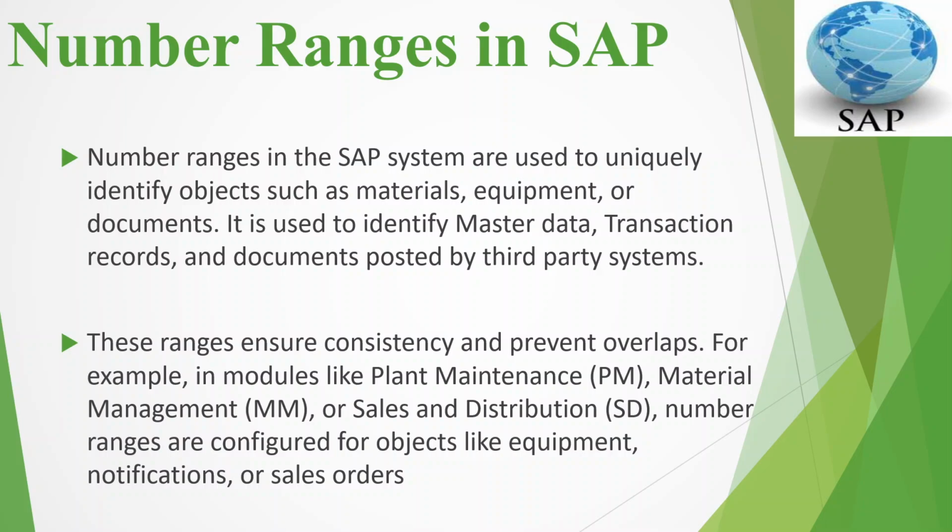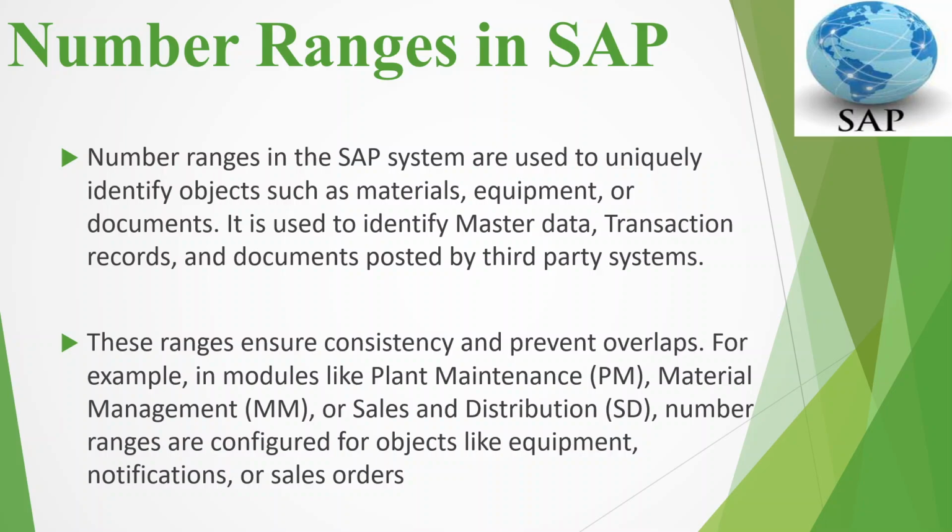Anything which you have to present as a record of a business transaction or a master data will have to be given some kind of number, so that it can be uniquely identified either just by number range or with a combination of certain things. It is used to identify master data, transaction records, and documents posted by third-party systems as well.